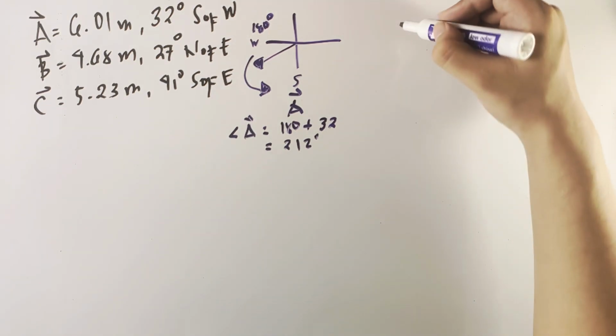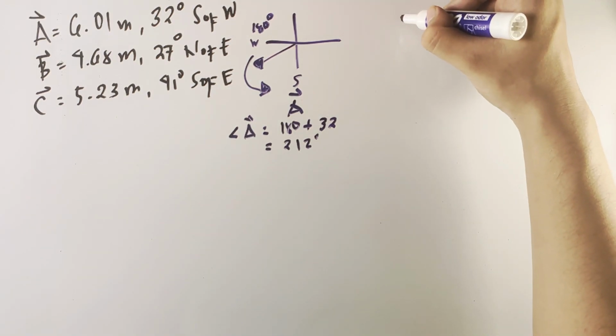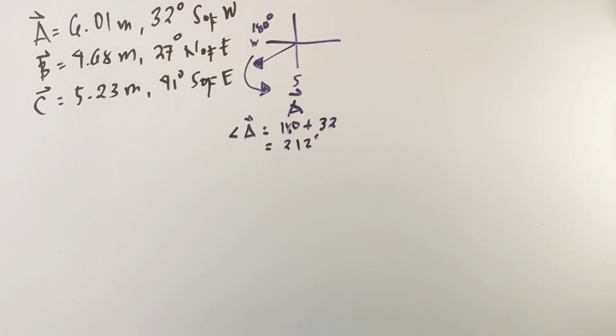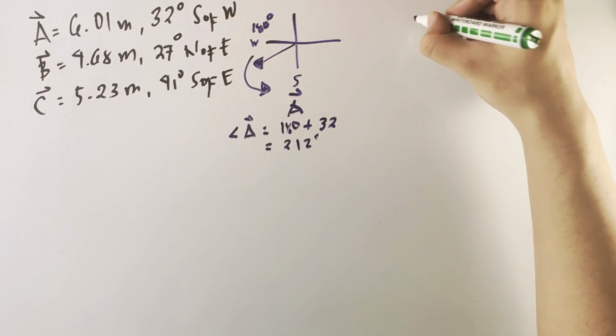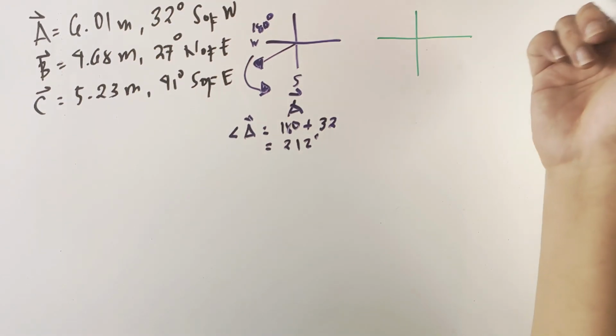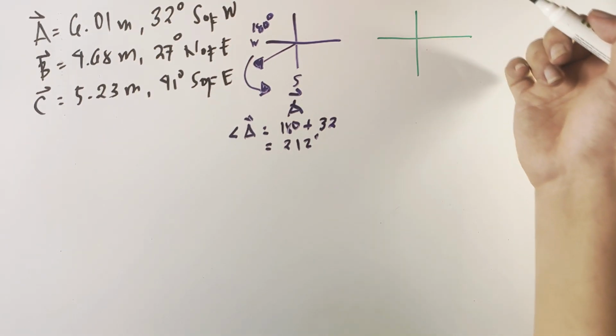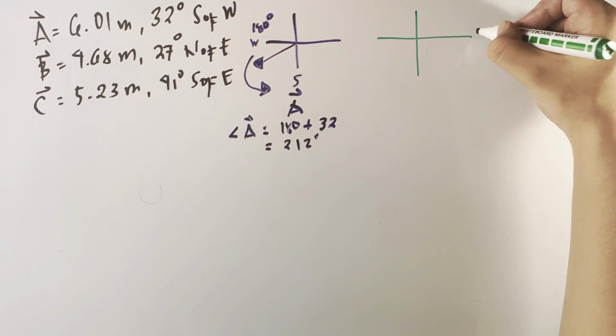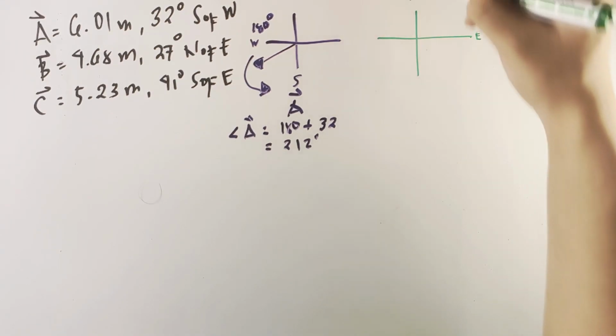Alright, so for vector B, that's 27 degrees north of east. So this is the easiest direction. You have east here and north here.